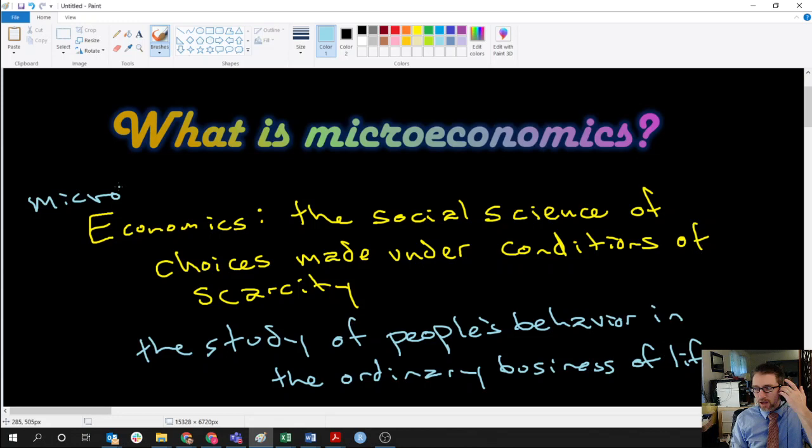One of my favorite economist studies looks at sex workers and the ways in which the legal system affects the choices they make, just because he does really good work. A lot of things fall under microeconomics, and it's tricky to make sense of these without knowing more about what social means, what science means, what choices are, and what scarcity is. What do we mean by those things?